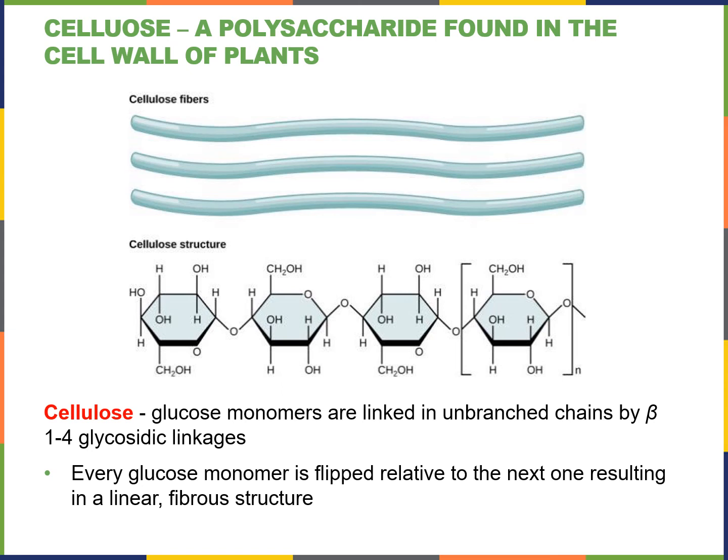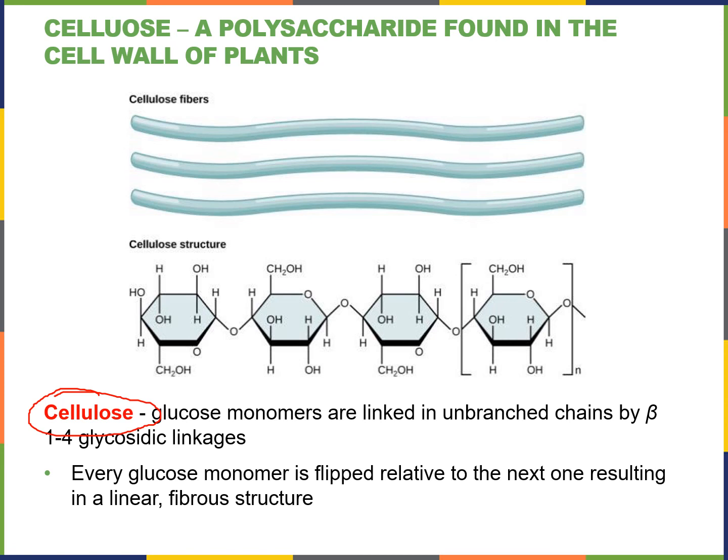Then you can also take these polysaccharides, string them together in an alternating up-down of the glycosidic linkages, below, above, below, on and on, over and over, and you get what's referred to as cellulose.